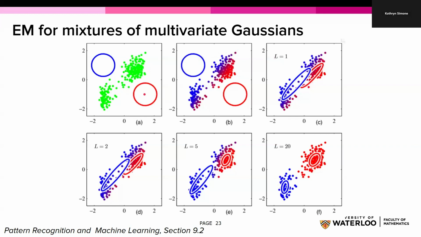The fact that we're seeing a perfect circle indicates that we're initially guessing an isotropic multivariate Gaussian, and we're initially guessing a mean of 1 and -1.